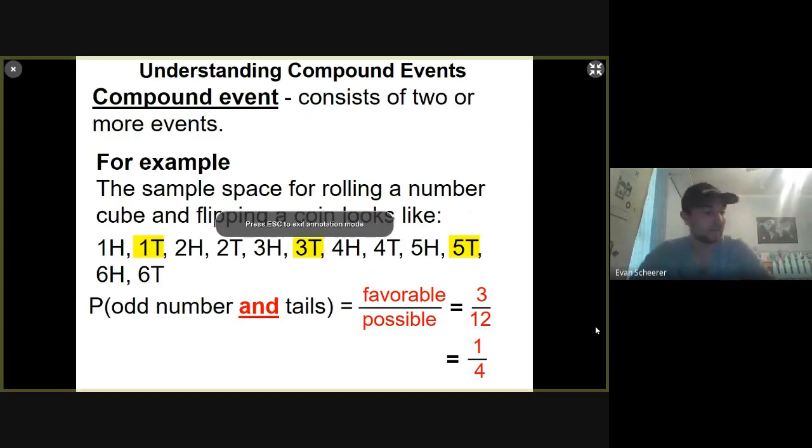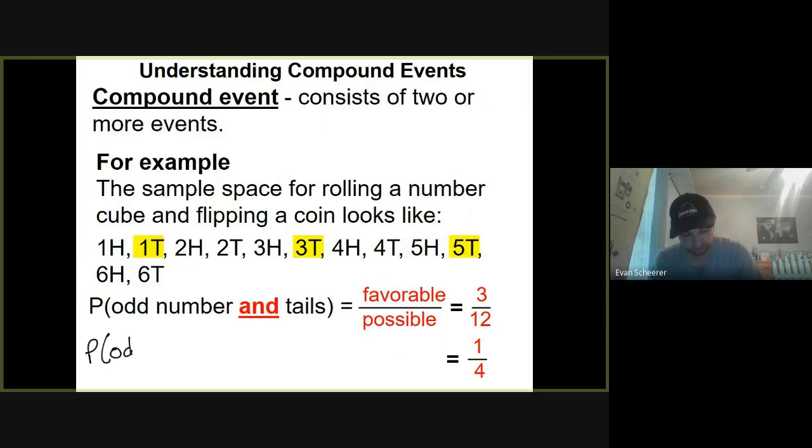Let me show you guys another way to do this. One more way to do this is to find the probability separate. You can find the probability of odd multiplied by the probability of tails. What's the probability of rolling an odd number? Well, if you roll a die, there's 6 choices, right?